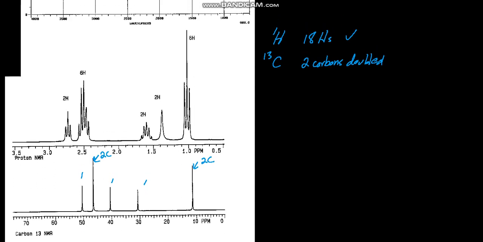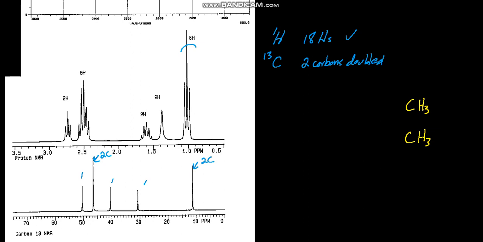Now, interpretation. 6 hydrogen triplet pretty much has to be a CH3 and another CH3. But they can't be connected to the same carbon like in the last problem, because there would be no way to get them to be a triplet then.